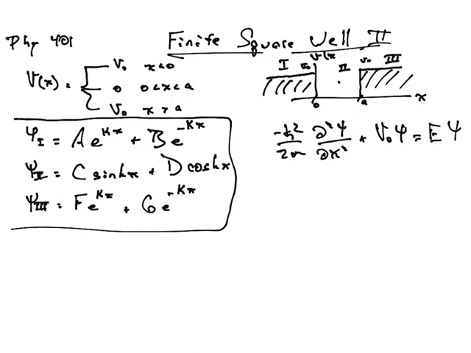So first of all, it's a linear differential equation because there's no terms that are squared. It's the second derivative, but it's not the derivative squared. And it's not psi squared anywhere. So it's a linear differential equation. Second, it's a second order linear differential equation because the highest derivative term is a second derivative.